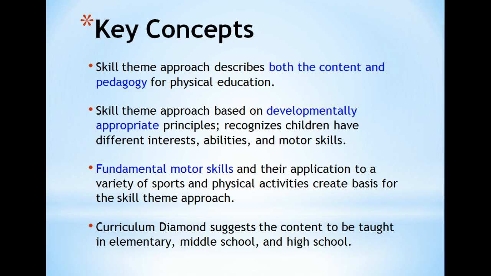As it says at the bottom of this slide, the curriculum diamond suggests the content to be taught in elementary, middle school, and high school. We'll talk about the curriculum diamond later on in Chapter 2, but basically the curriculum in physical education within a district is usually scoped and sequenced according to the content, again, that's developmentally appropriate.